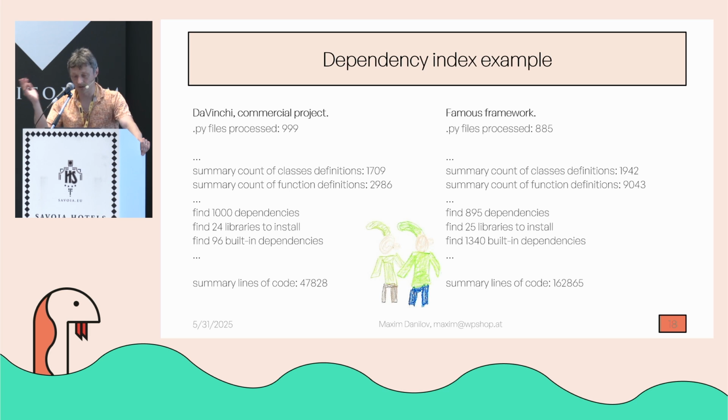And a framework, you can see, has around 900 dependencies between applications in the project, and uses more than 1,000 built-in dependencies.